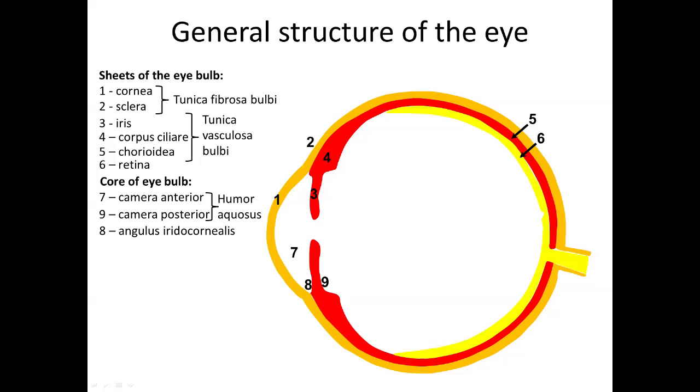If vessels appear, the eye bulb becomes blind because light can't penetrate these non-transparent places in the cornea. That's why humor aquosus nourishes the cornea by way of diffusion.